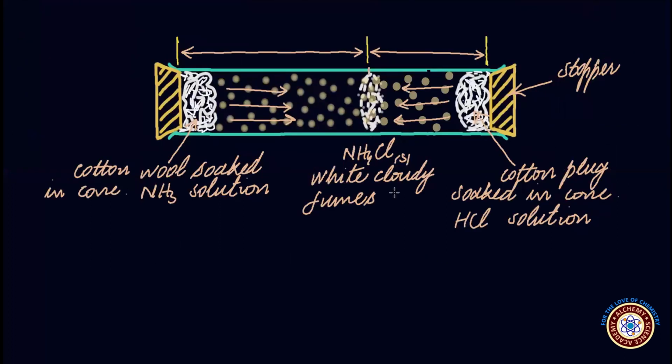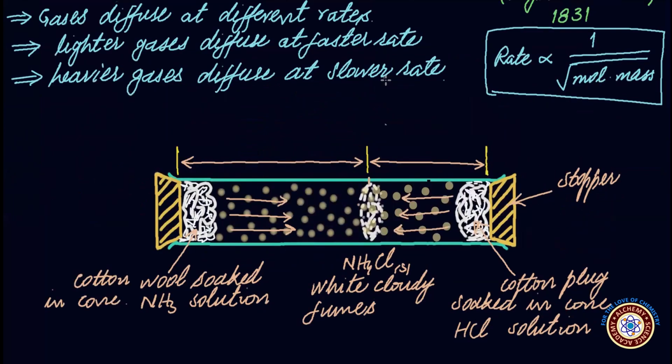White cloudy fumes of ammonium chloride appear because of the chemical reaction between particles of ammonia coming from this end and particles of hydrogen chloride gas coming from this end. At this point, both these particles meet and undergo reaction.